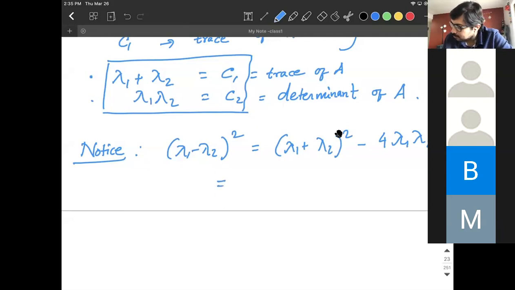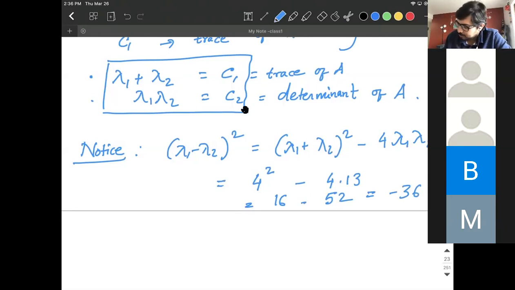So lambda 1 plus lambda 2 is the trace, which is given to be 4. So this is 4 square minus the product, which is the determinant, given by 13. So this is 16 minus 52, which is minus 36. So now you are in the territory of complex numbers. So you have lambda 1 minus lambda 2 square equals minus 36.